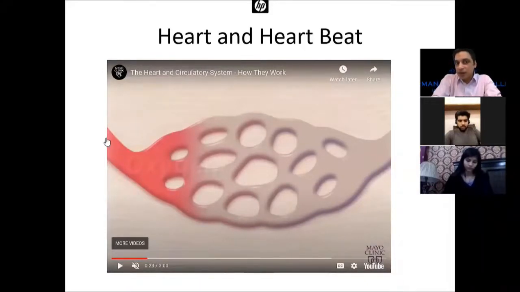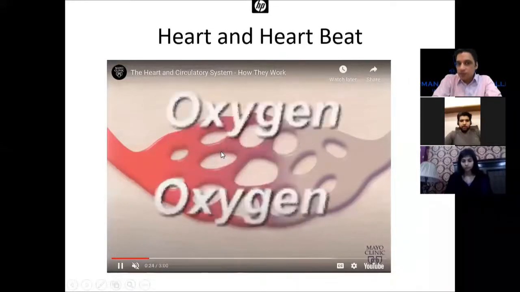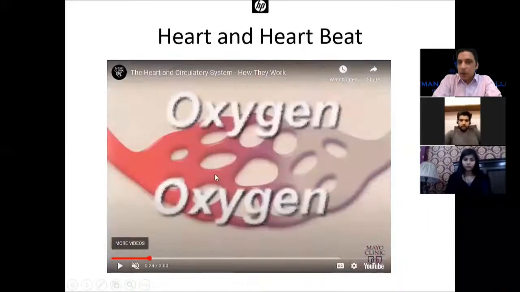So that artery goes into the body, divides and divides and divides, eventually producing very, very small vessels called capillaries. This is the place, the blood capillaries, where the oxygen from the blood is transferred to the cells, and carbon dioxide gas from the cells enters the blood.